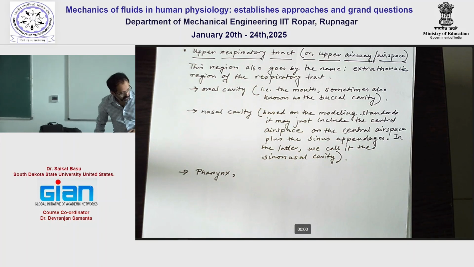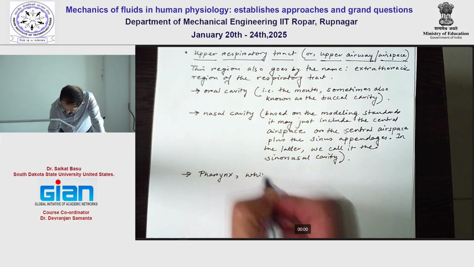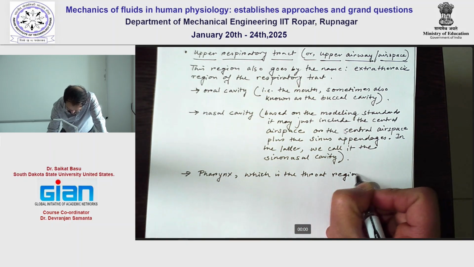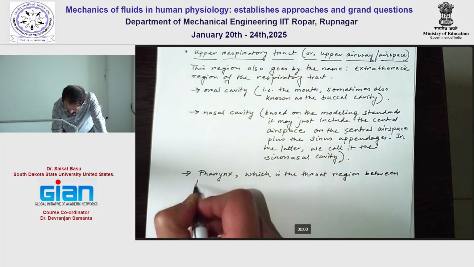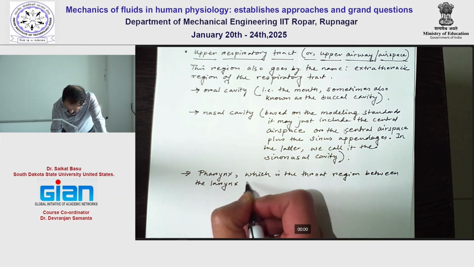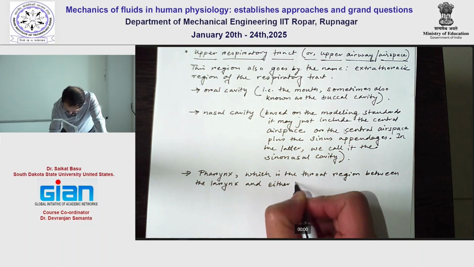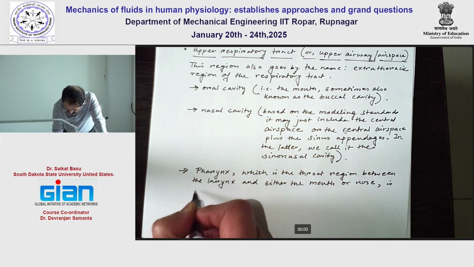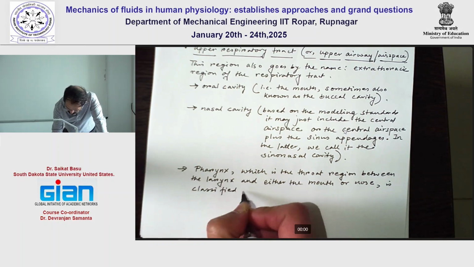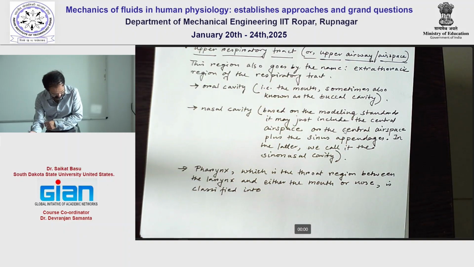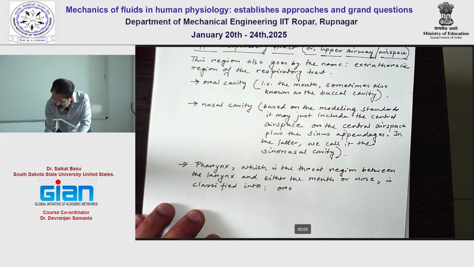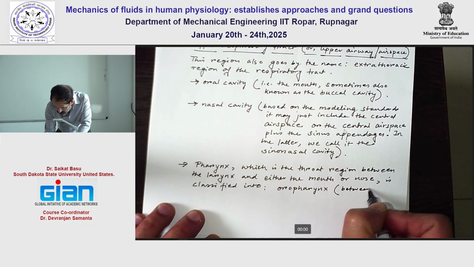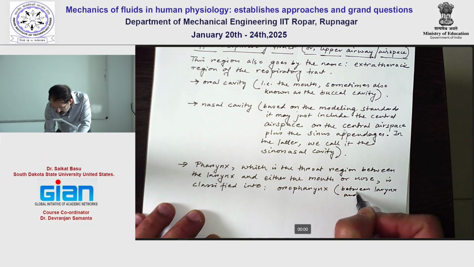Anyway, the pharynx, which is the throat region between the larynx and either the mouth or nose, is classified into the oropharynx, which is between the larynx and mouth.